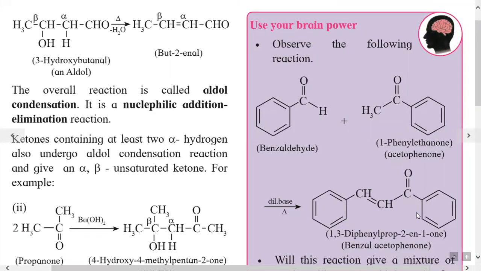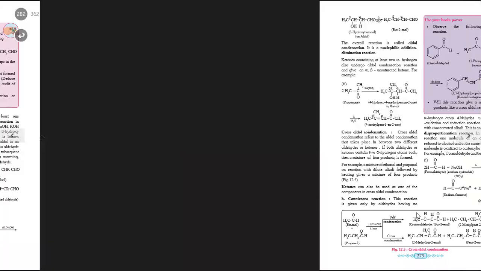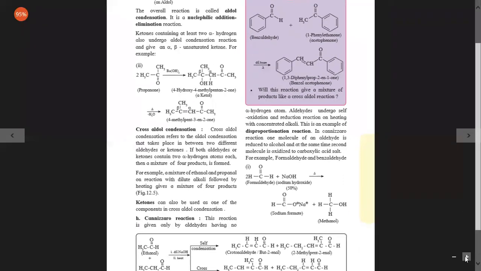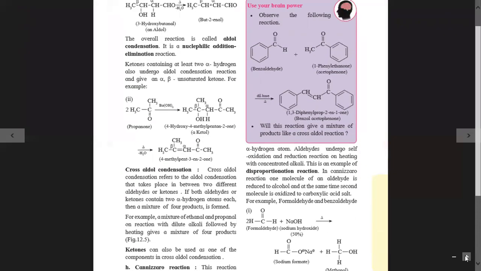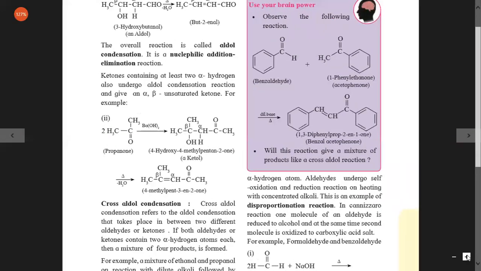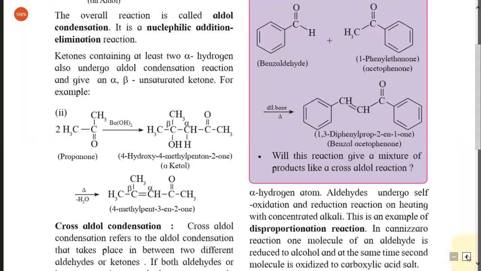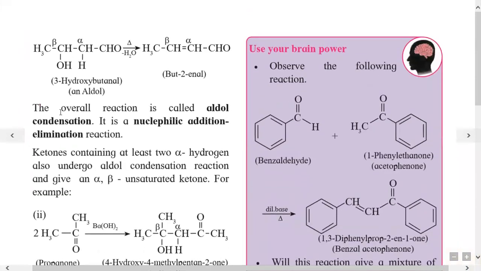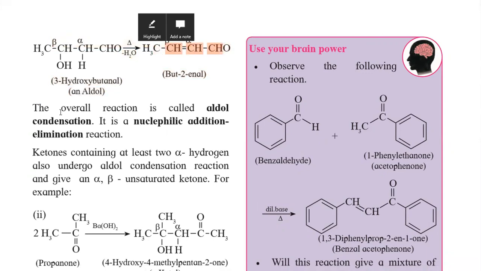Here this aldol formed immediately loses one water molecule by heating and gives an alpha beta unsaturated compound, and here the name is but-2-enal. It contains an aldehyde group, alpha beta unsaturated carbon, and this CH3 group.